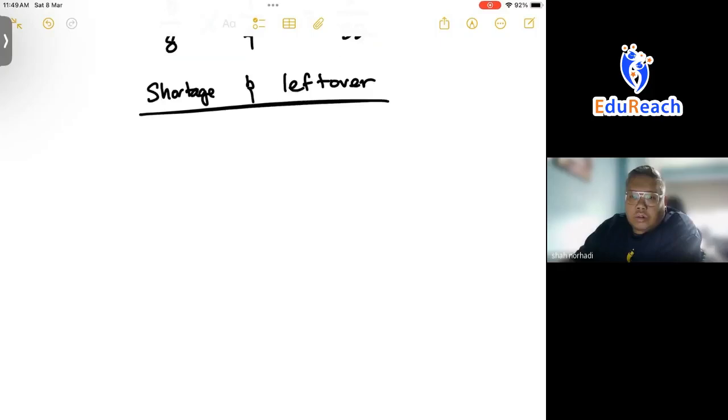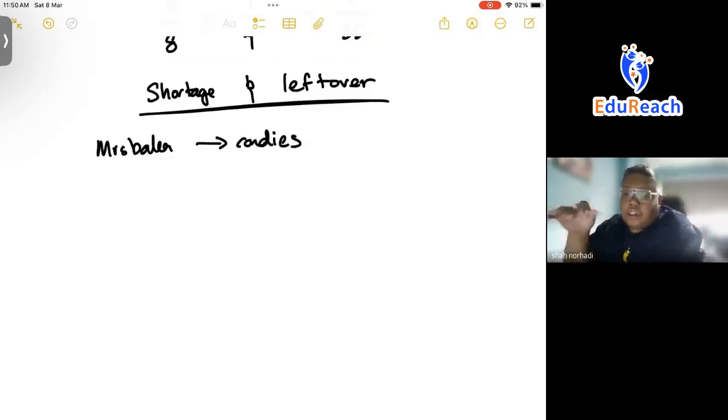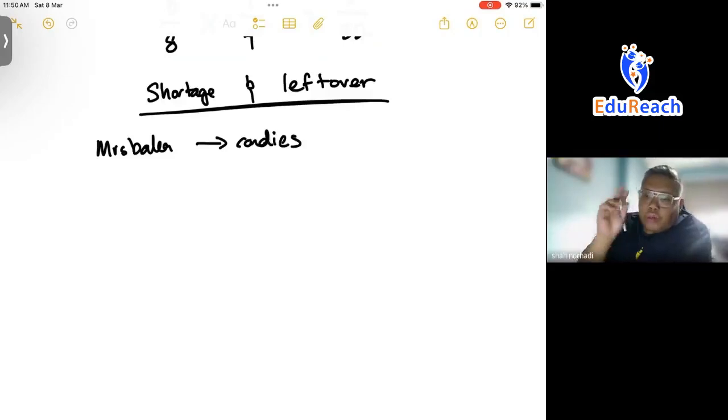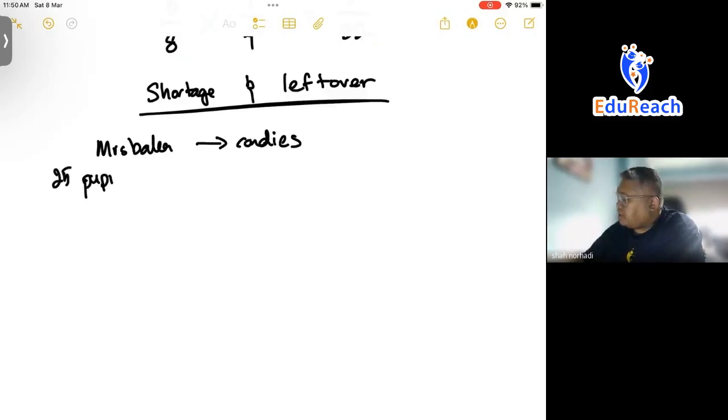All right. So question 4 says that Mrs. Bala bought a packet of candy. So she got candies. Then after that, she gave each of her pupils, 25 pupils, candy. So we now know that Mrs. Bala got 25 pupils, and every pupil gets the equal amount of candy.